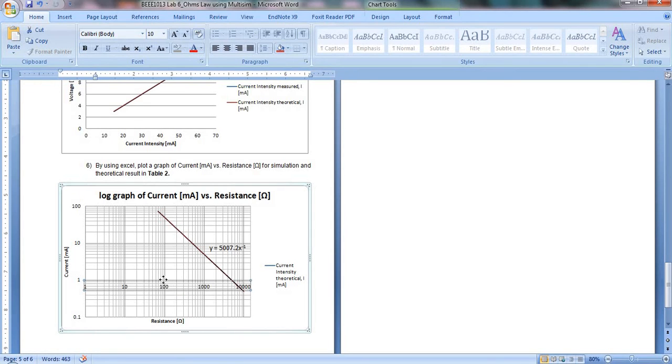From 10 to 100, each line is showing 10, 20, 30, 40 and so on until 100 and so on. So I'm using this equation to find out whether it is correct or not.